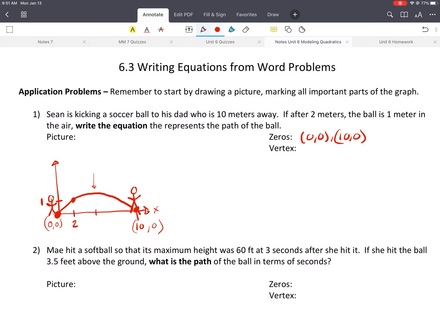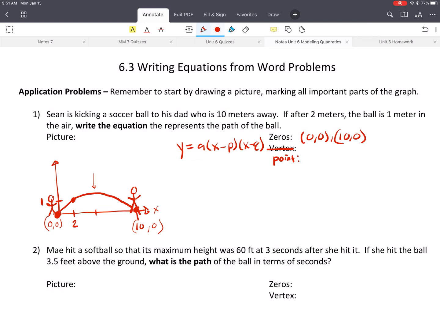Just like we did before in 6.2, if we have the x-intercepts, then we're going to want to use intercept form, which is y equals a times x minus p times x minus q. We don't know what the vertex is, but we need a point.